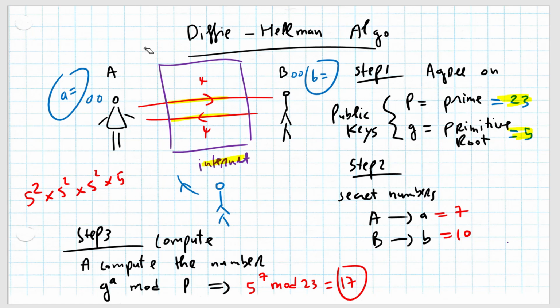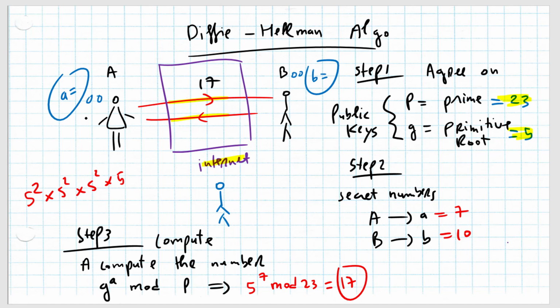Now remember, this number 4 is the actual message that I want to send you, but we don't want people to see this because hackers are going to use it and maybe do something bad with it. Instead, A computes this number and sends it to B. People can see the number 17.